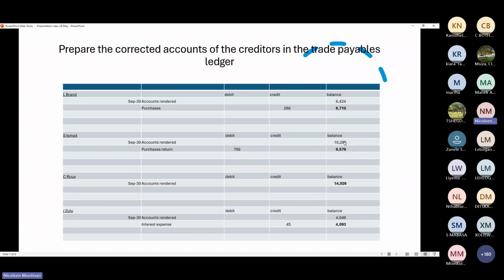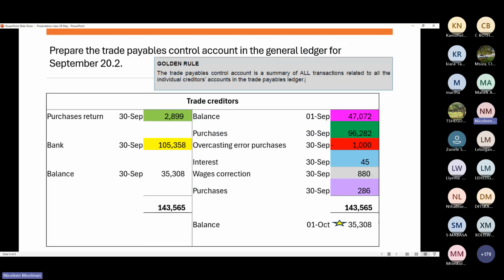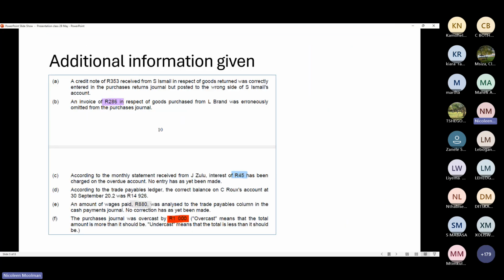The next one would be S. Ishmael, the 10285, but there's a correction needed for the 706. And how I got the 706 was, I think it was in point A. Yes, so point A, they said a credit note of 353 received from S. Ismail in respect of goods returned was correctly entered into the purchase returns journal but posted to the wrong side of S. Ismail's account.